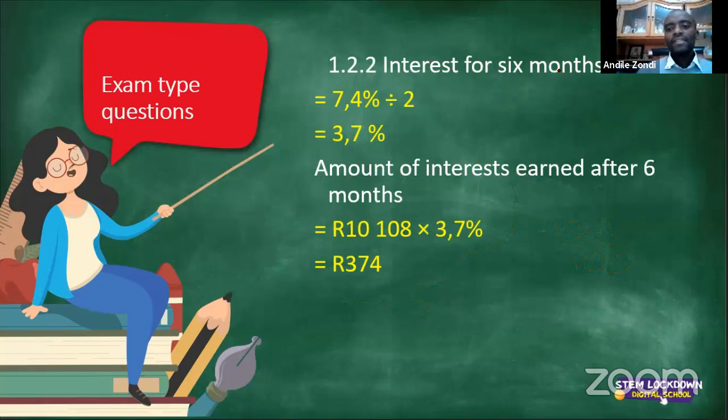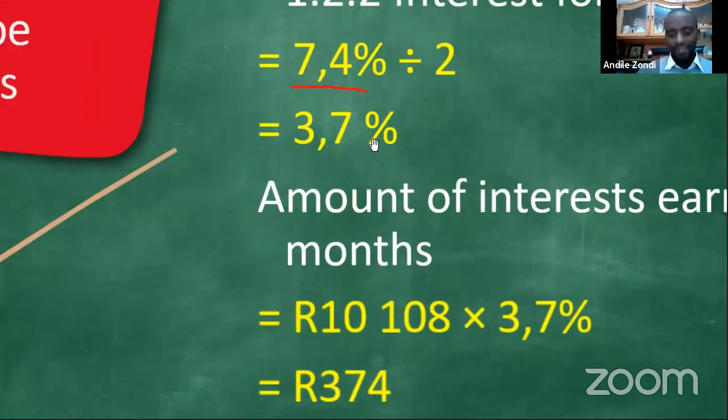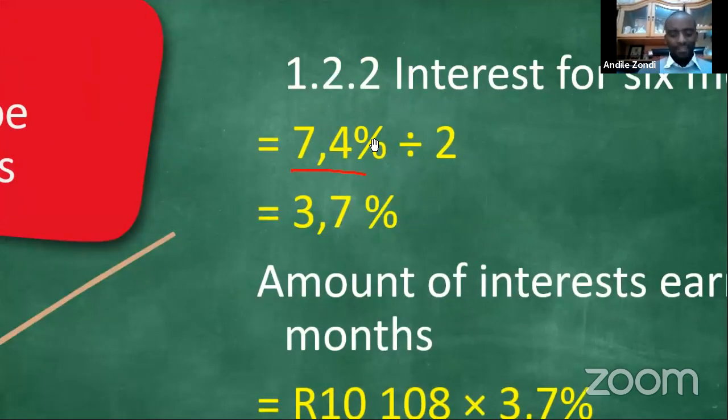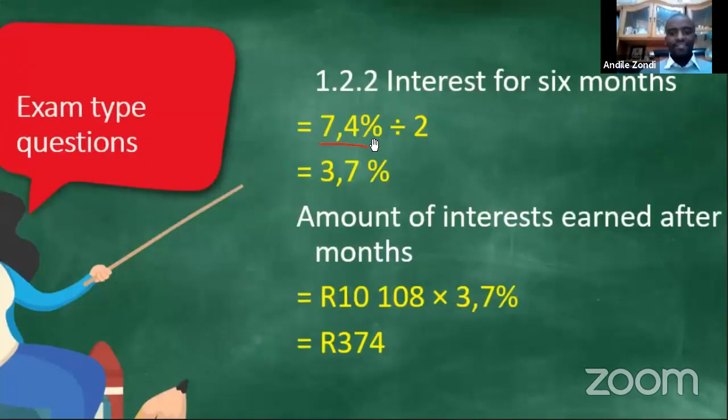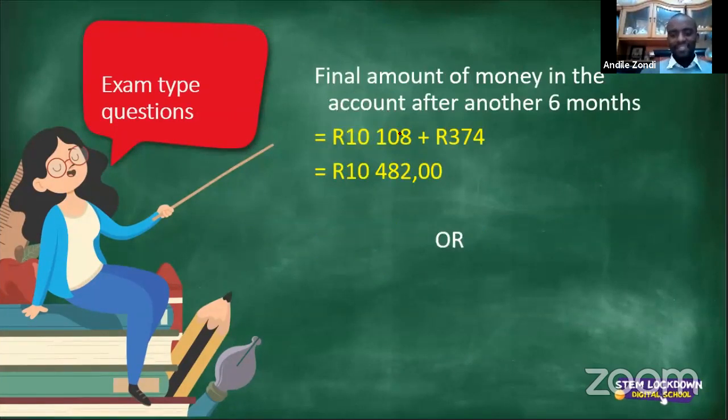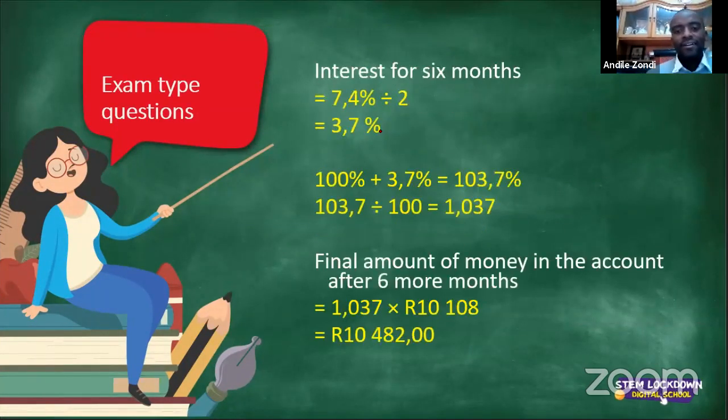So interest after 6 months: for the whole year, the interest is 7.4%. So for 6 months, which is half a year, we'll divide the interest by 2. This will give us 3.7% for 6 months, right? Okay, so my interest for 6 months is 3.7%.